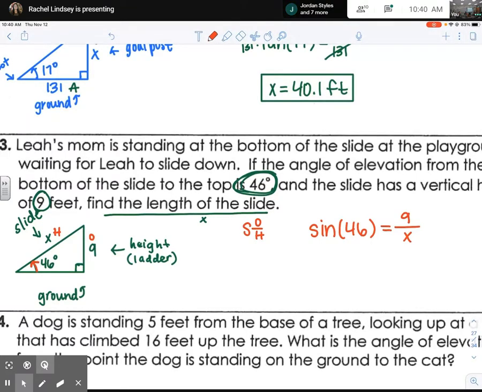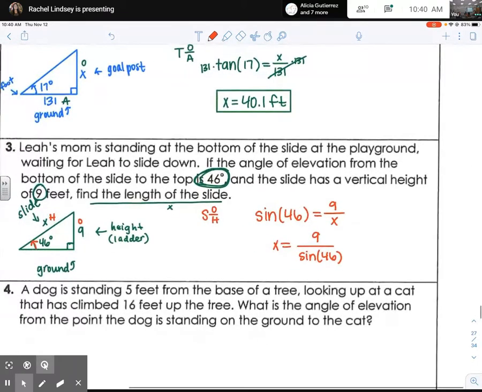That's 0.5. So to solve for x, you got to switch the place of the x and the sine. And when you plug that in, you'll get your answer. It'll be 12.5 feet.